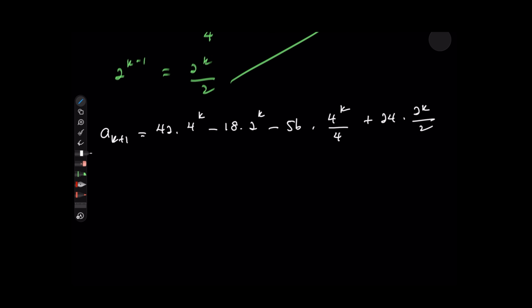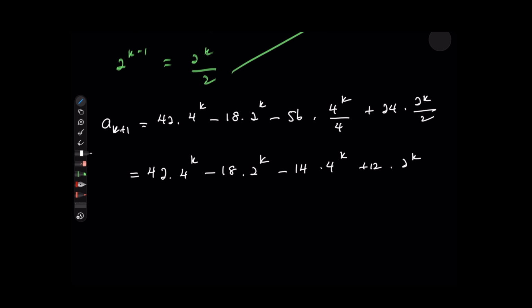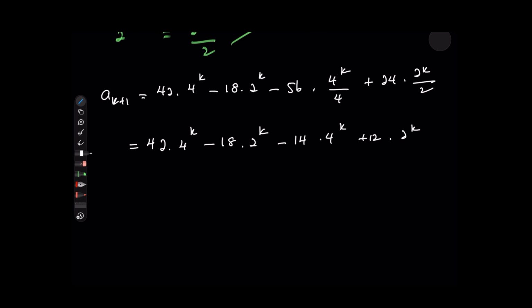So I'll get 42 by 4 to the power of k. So all of this remains the same, by 4 to the power of k. This is 12 by 2 to the power of k. Now I'm going to take everything that has the common terms in them, like this one and this one.